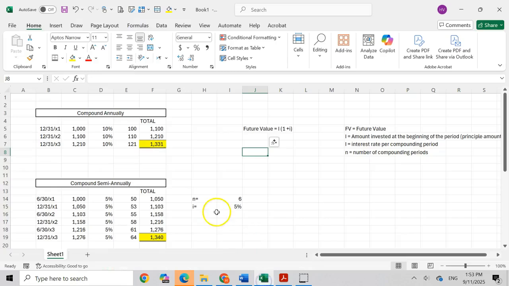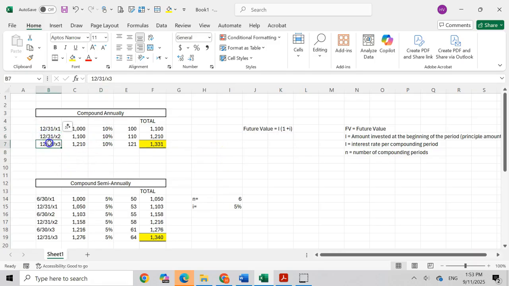Let's go back to my Excel right here, and I can see that my principal amount was $1,000. So let's figure out what interest rate I have per compounding period and the number of compounding periods. Well, since I'm compounding annually, I have a 10% interest rate, and my number of compounding periods is 3.